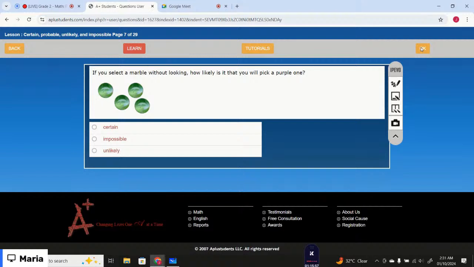If you select a marble without looking, how likely is it that you will pick a purple one? Which is the correct option?